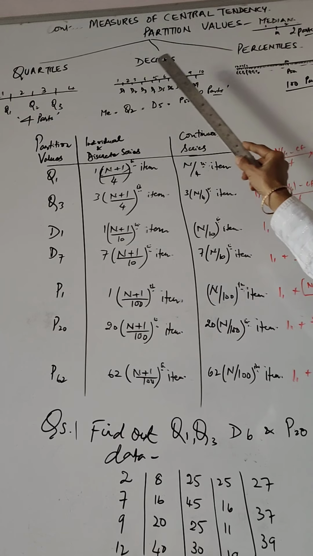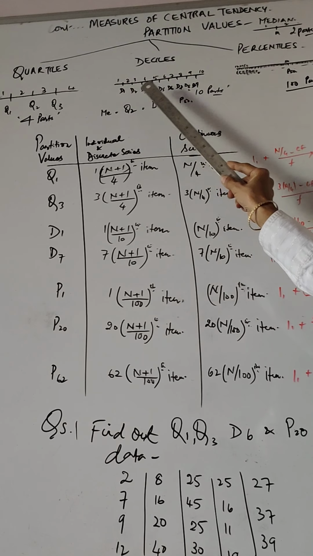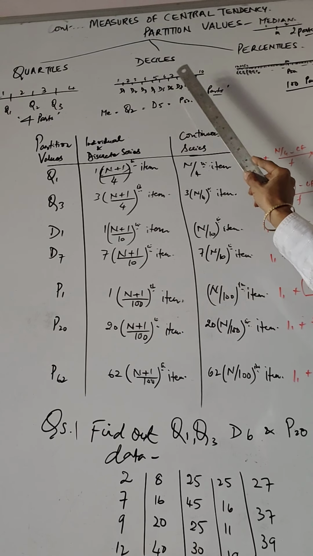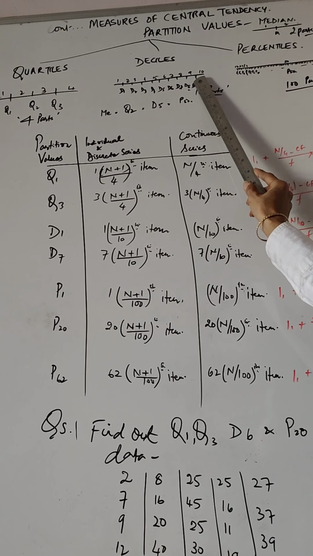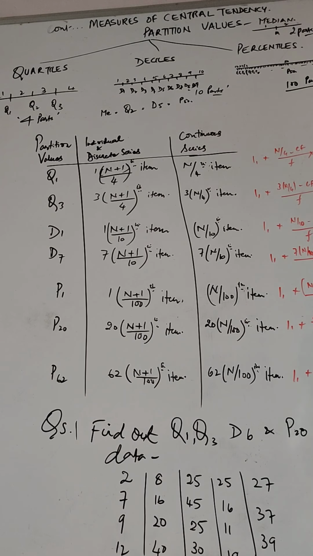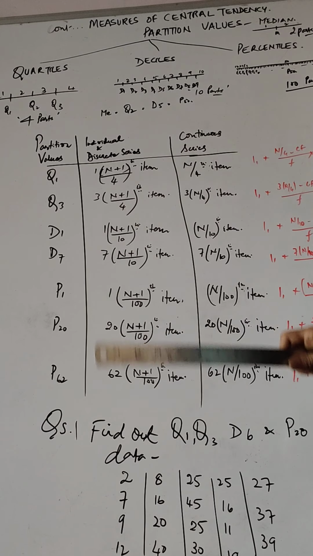In the same way, when you partition into 9 parts, you get 9 places, you get 10 parts. And in the same manner, when you do it at 99 places, you get 100 equal parts.